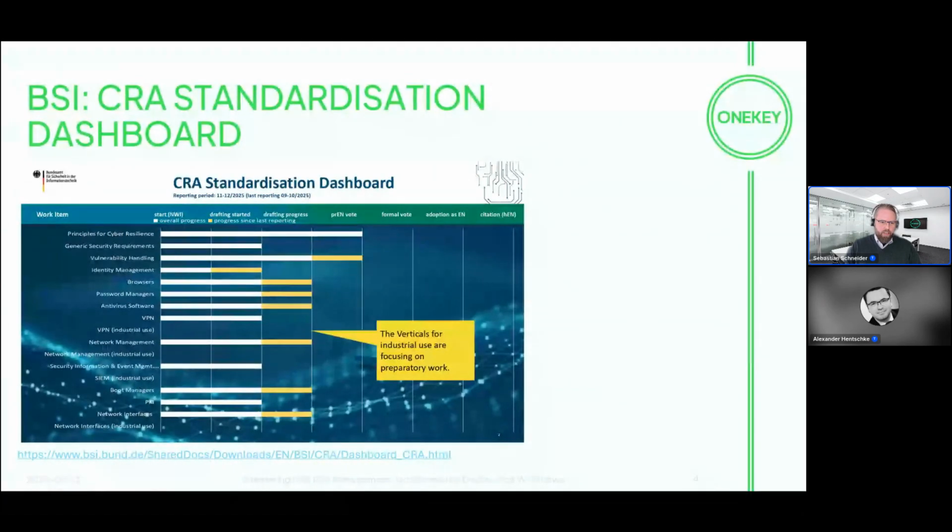Here the third one from the top is already released for voting. So it was published as a pre-release. Everyone could comment on the standard. I think the commenting period ended 3 days ago, and now they will review the standard, review the comments, and yeah, factor in the changes if necessary.